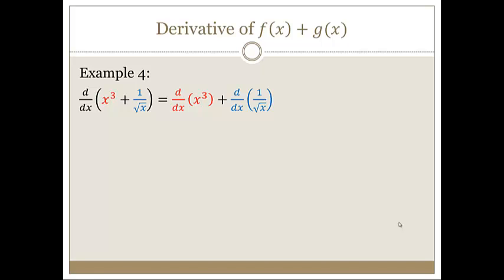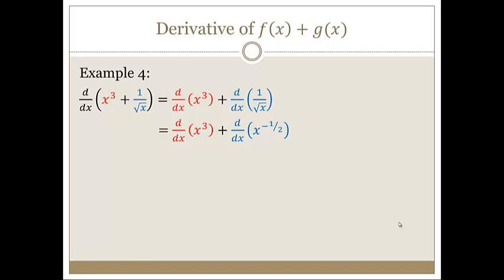We just computed the derivative of x cubed, but what about the derivative of 1 over the square root of x? To do this, we need to write 1 over the square root of x as a power function. We can do this as x to the negative 1/2. So we need to compute the derivative of x cubed and x to the negative 1/2.